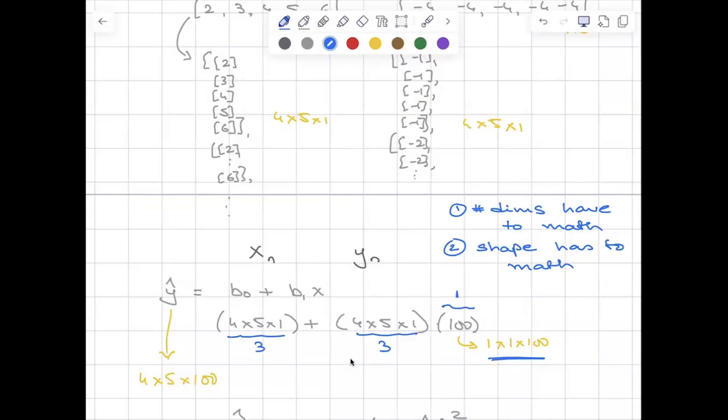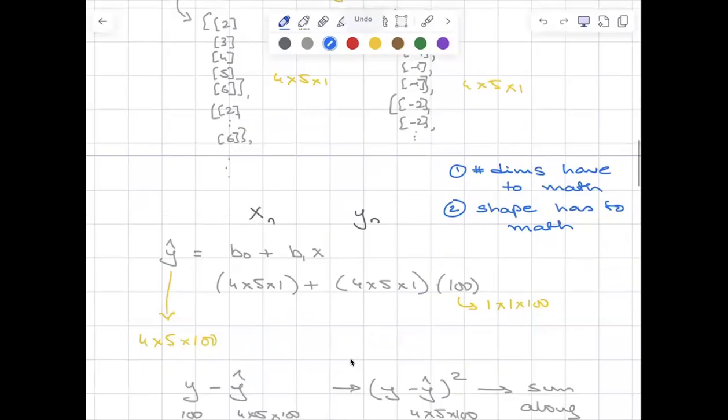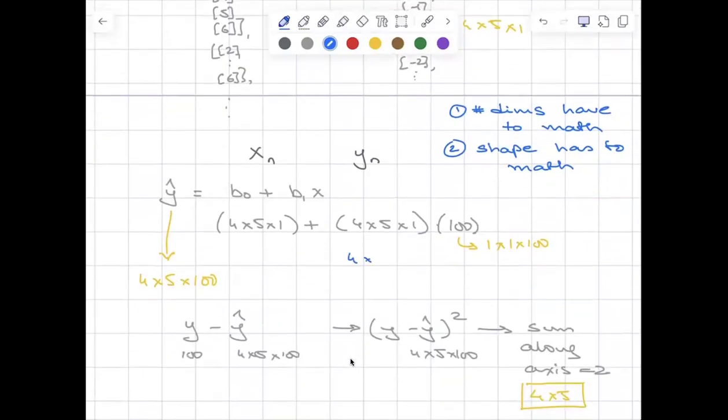Okay. And now I can say, okay, if I take an array of size 451 and I multiply it by 1 by 1 by 100, sure, the number of dimensions match. The shape doesn't match. So for example, this one doesn't match with this 100. So what do we do? We take this guy and we replicate it 100 times, right? So this will now become 4, 500.